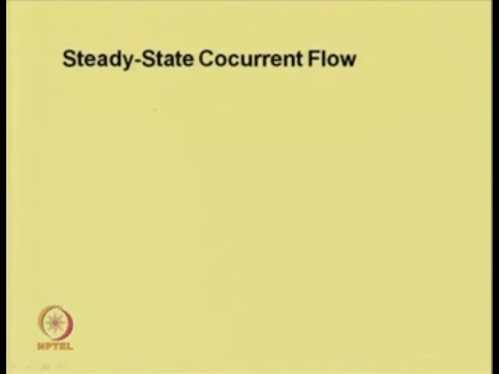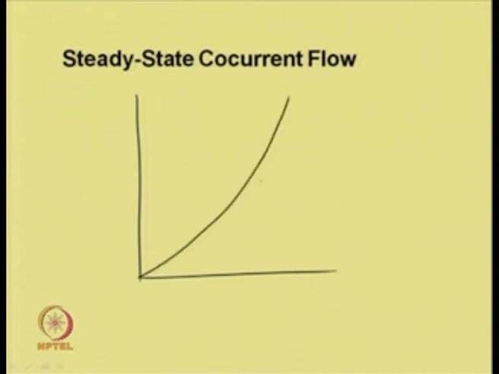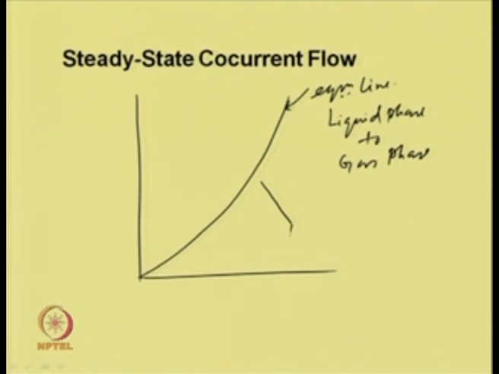If the mass transfer is from liquid phase to gas phase, the operating line will be below the equilibrium line, and this is x 1, this is y 1, this is x 2, this is y 2, and some point in between, this is x and this is y.